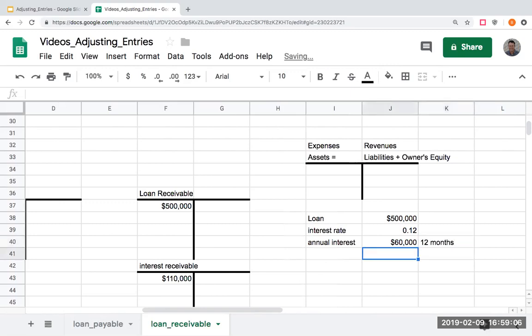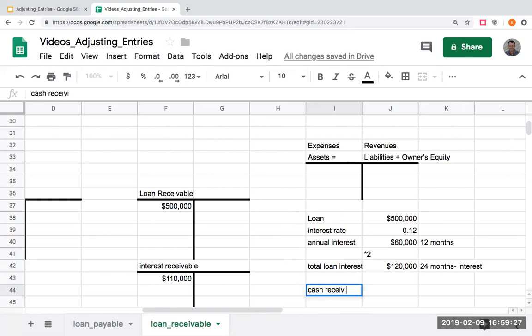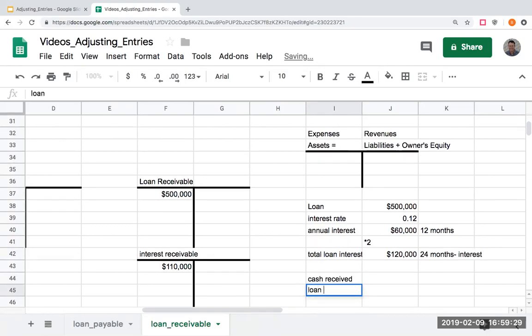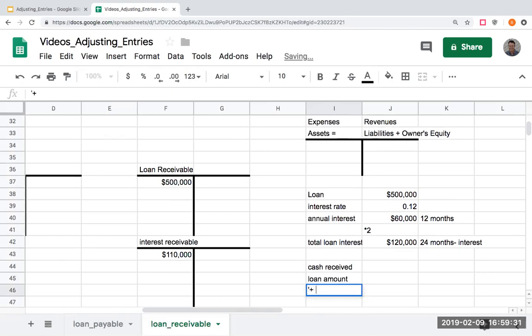I'm going to basically multiply this by 2. And this is going to give me the interest for 24 months. So the amount of cash I'm going to be receiving, my cash received, is going to be my loan amount plus the loan interest.